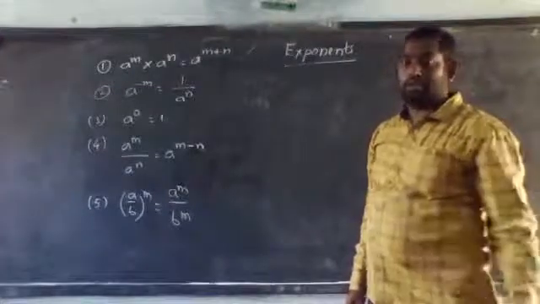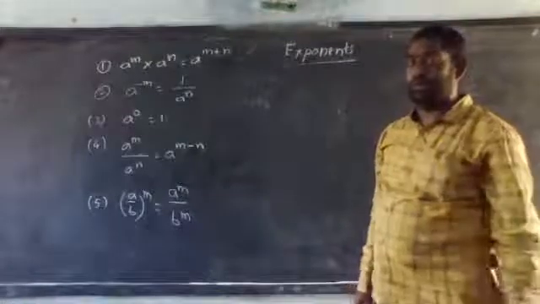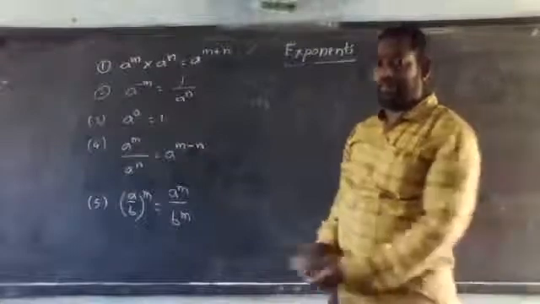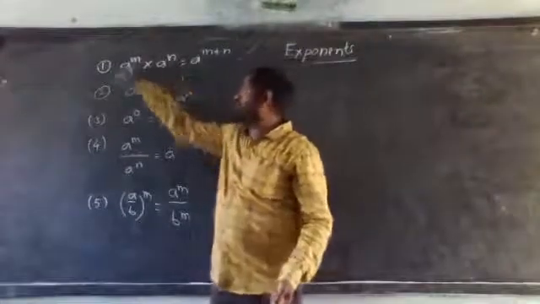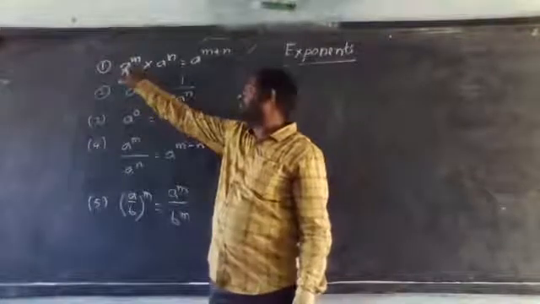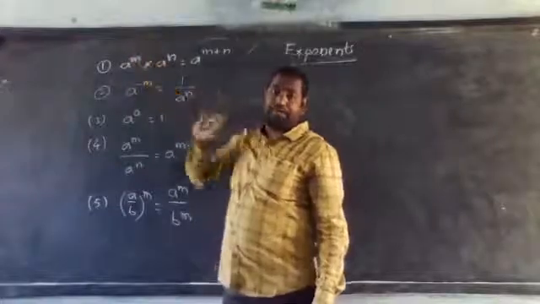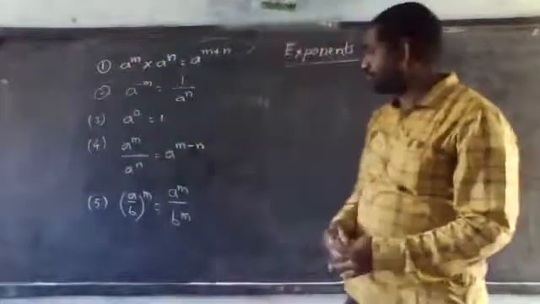So according to that, we are converting that into sentence form. What we can say here: if the bases are equal in the product of any two numbers, we can add the powers. Yes or no?